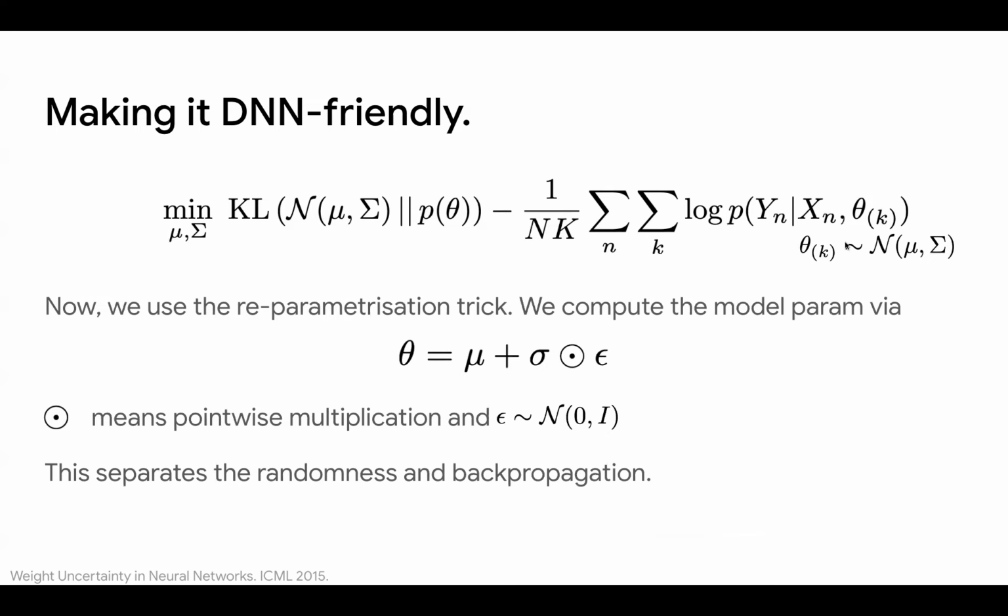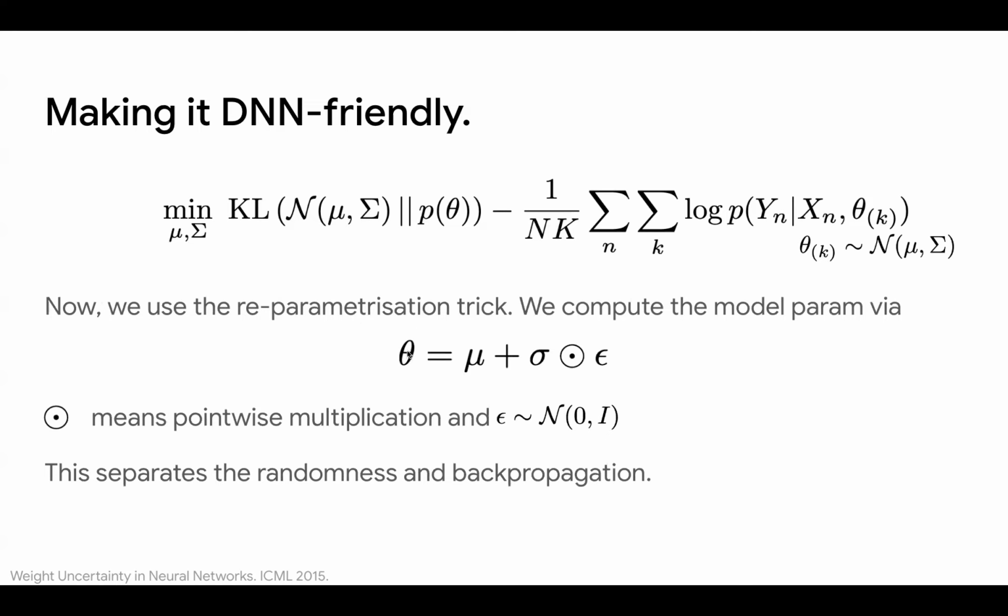You first have to sample from the distribution encoded by mu and sigma, and then that sample is used for computing the loss. So how do you differentiate through all these non-trivial layers? That's where the reparameterization trick comes in.